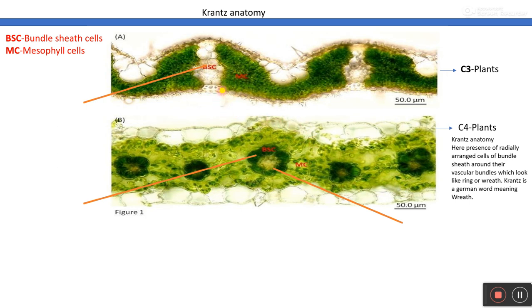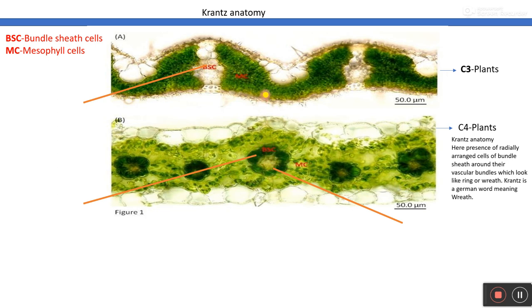The second difference is that in C3 plants, the bundle sheath cells don't have any chloroplast, which is why they look transparent or white in color. But in C4 plants, the bundle sheath cells have chloroplasts, and that's why they look green in color.